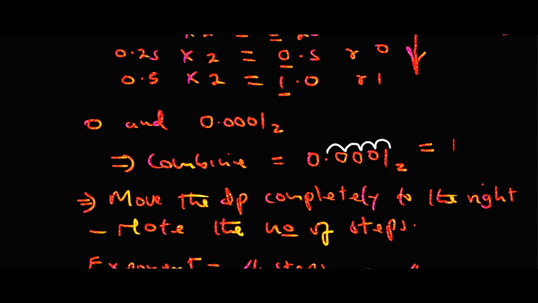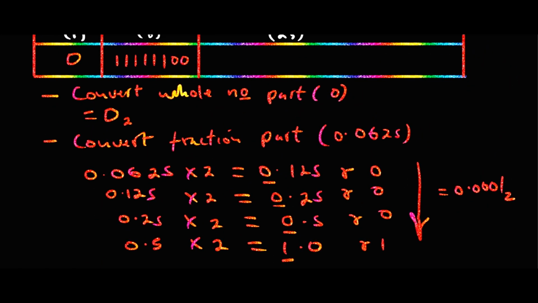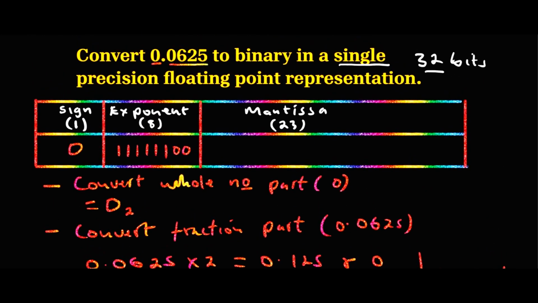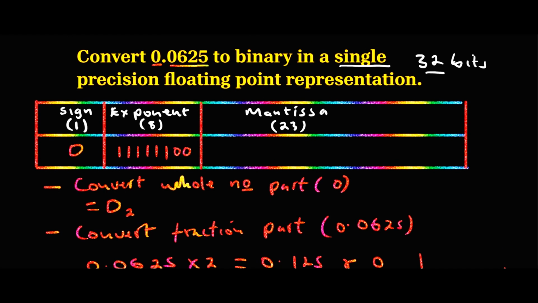But remember, you have to represent the whole number portion, so you're going to write this as 0, 1. That's why you start with 0. Then you write the 1 that you have.